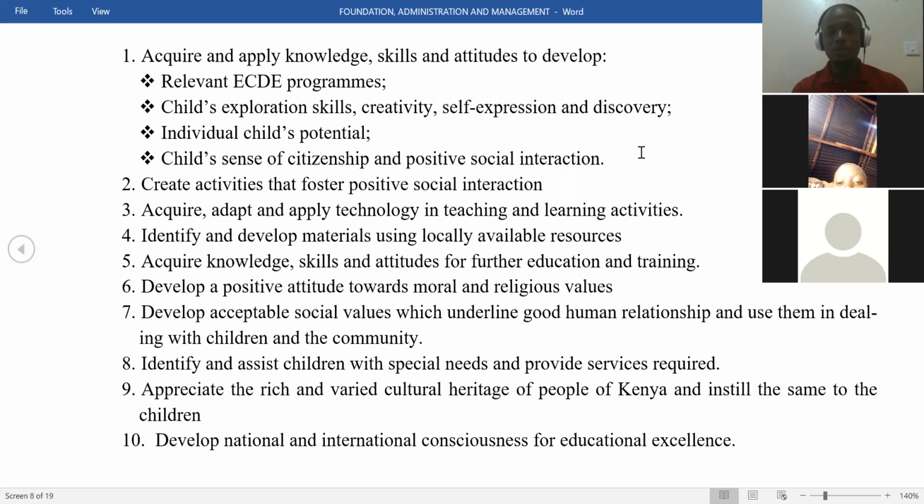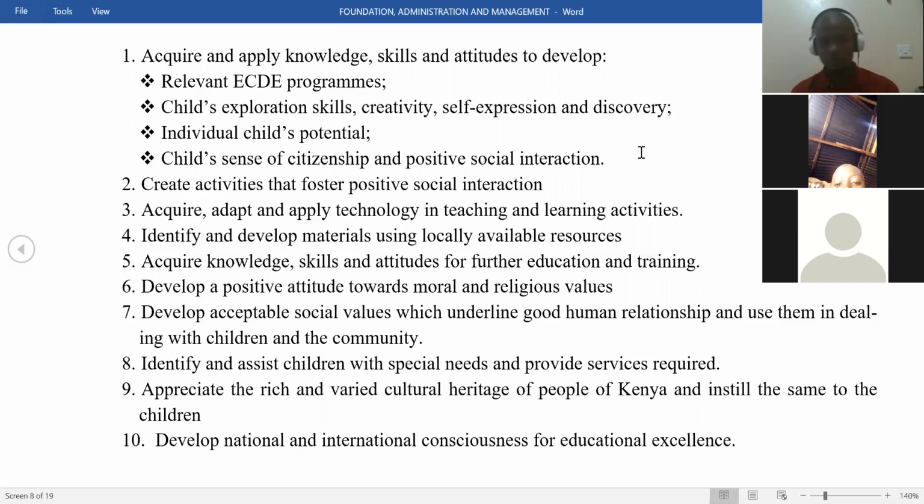Teaching materials. You can collect them in the street or in the farm, those ones that are locally available to you. What is the reason? Because they are very cheap, isn't it? They are very easy to get, and you can acquire them as soon as you can reach them in your environment.